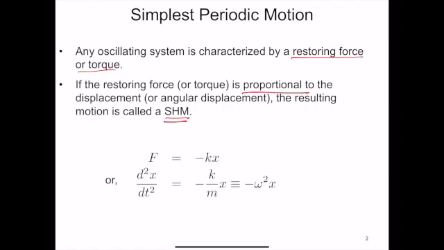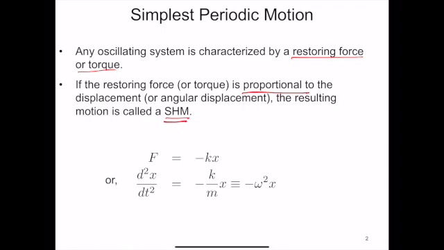So a simple harmonic motion is the simplest possible oscillation or the simplest possible periodic motion in which the restoring force or torque is directly proportional to the displacement. The restoring force is directly proportional to the displacement. The restoring torque is directly proportional to the angular displacement, theta. Then the motion is called a simple harmonic motion.